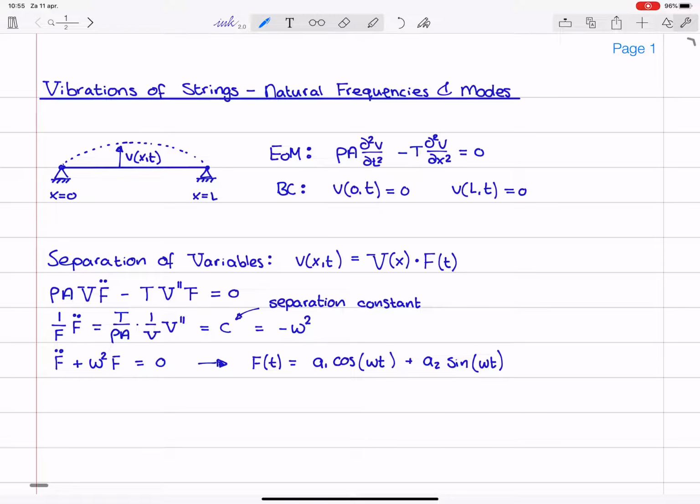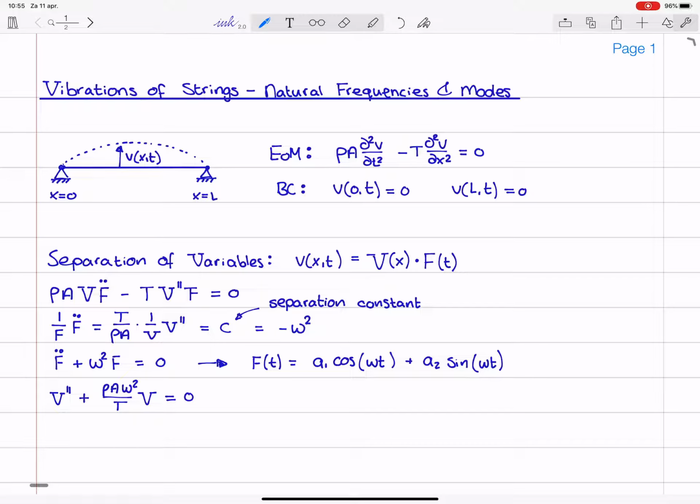All right, now let's also see what the result will be in space. So for that I will multiply both sides of the equation by v, rewrite it slightly as follows. I will do the second derivative of v, and then we will have plus rho a omega squared divided by t times v itself is equal to 0.